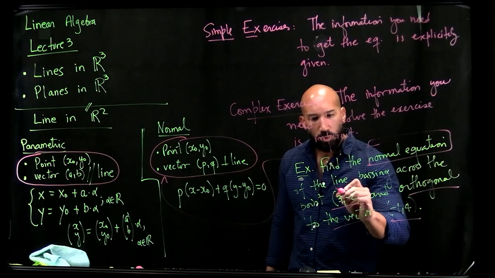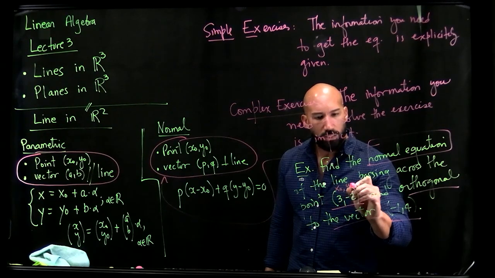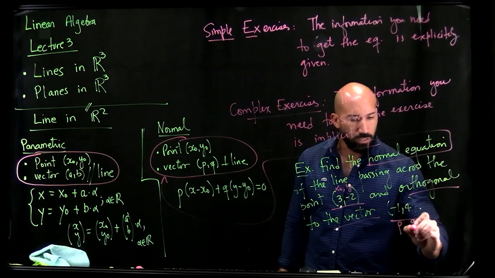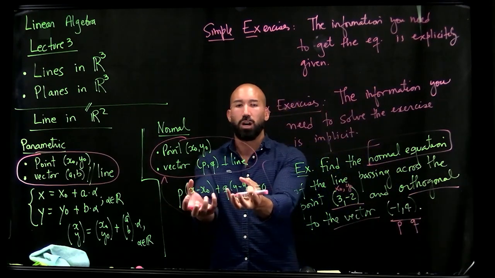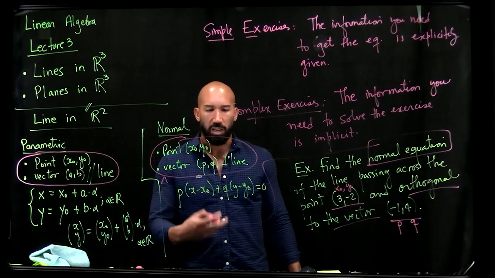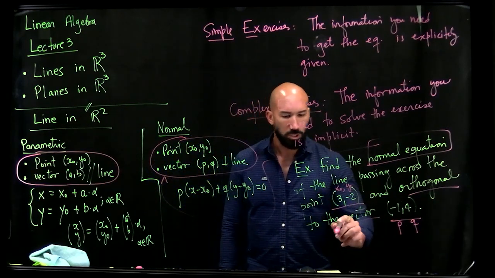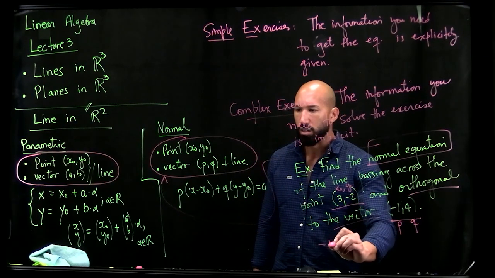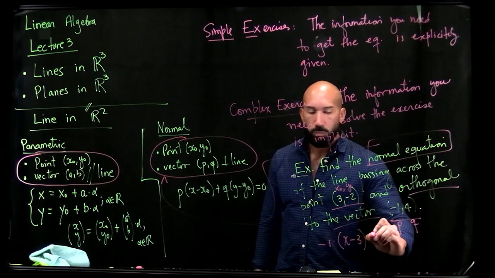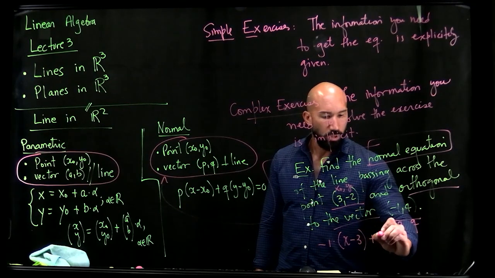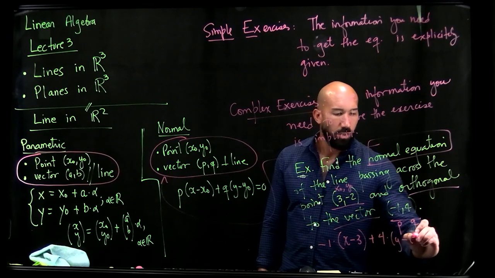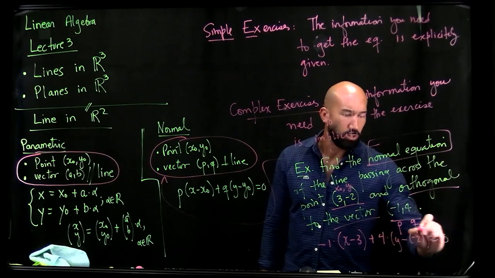This is the point, so this is x0, y0, and this is the orthogonal vector, so this is p and this is q. The only thing that you need to do is to plug these values here on the generic expression of your equation, which is giving us -1 times (x minus 3) plus q, that is 4, times (y minus 2) equal to 0.